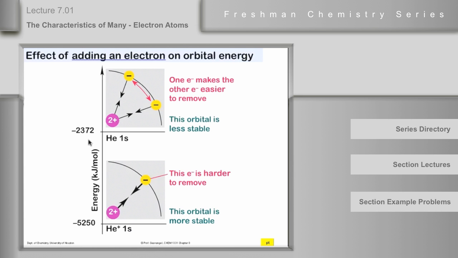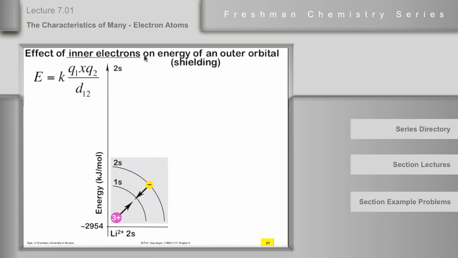Next one: the effect of inner electrons on the energy of an outer electron. This is under the general heading of shielding. So if we go to lithium 2+, there are three positive charges in the nucleus, and there's only one electron left. The 2+ got rid of two out of the three electrons.